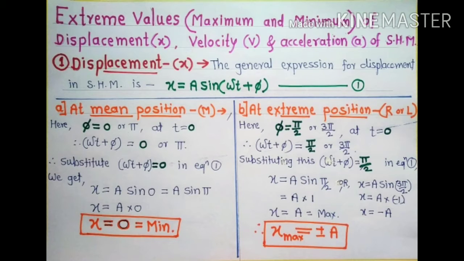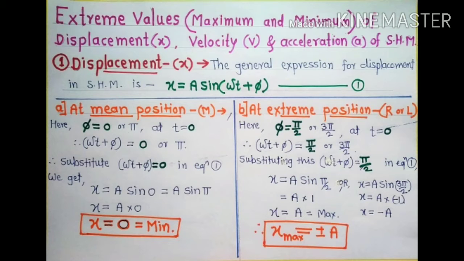We know the general expression for displacement at a time t of a SHM is given as x is equal to capital A sin(omega t plus phi), equation number 1.